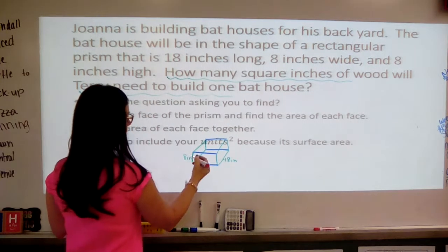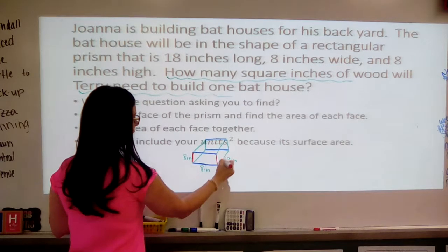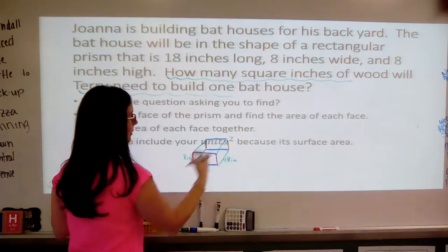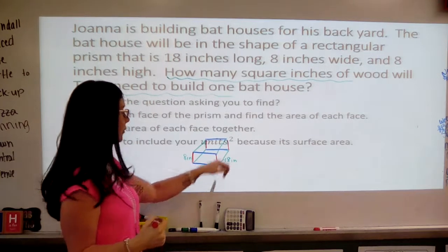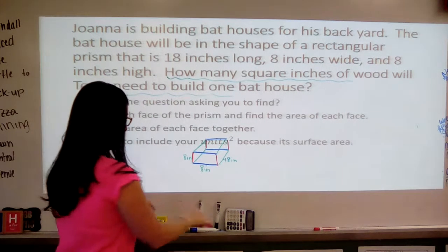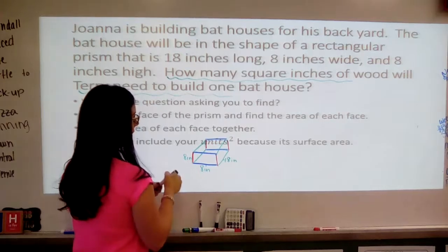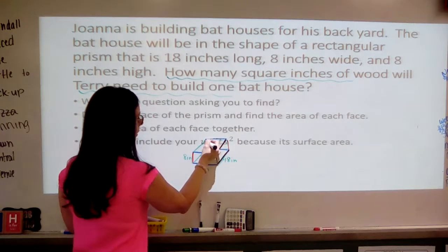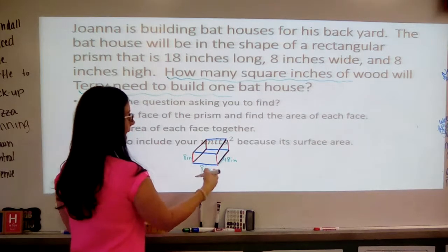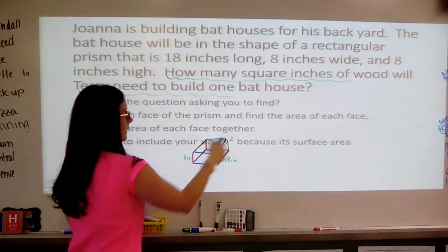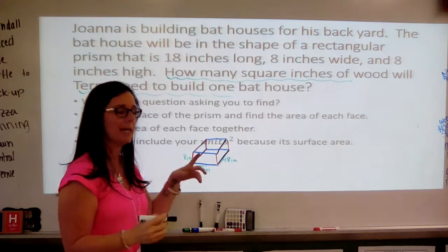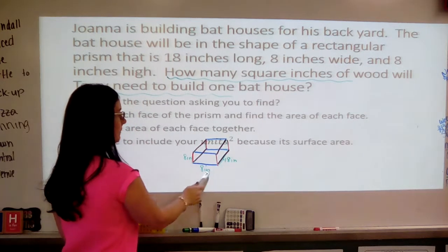All of the ones that I'm going to color red, I should not have 8 inches on this one and 18 inches on that one. All of the red ones are all 8 inches. And then my 18 inches will be the ones that are going at a diagonal. So I should not have any of my black diagonal edges labeled anything other than 18. I hope that makes sense. That way I have my length, my width, and my height.